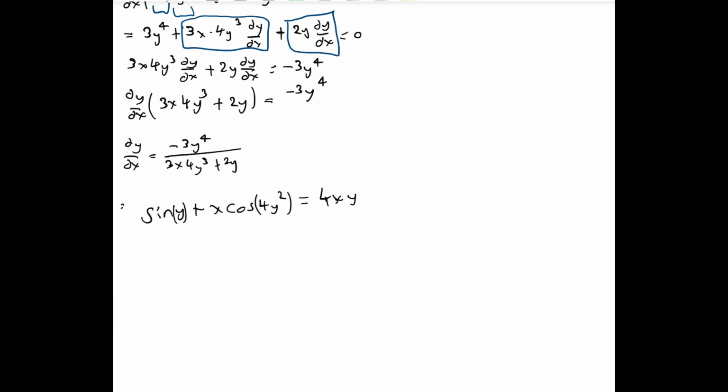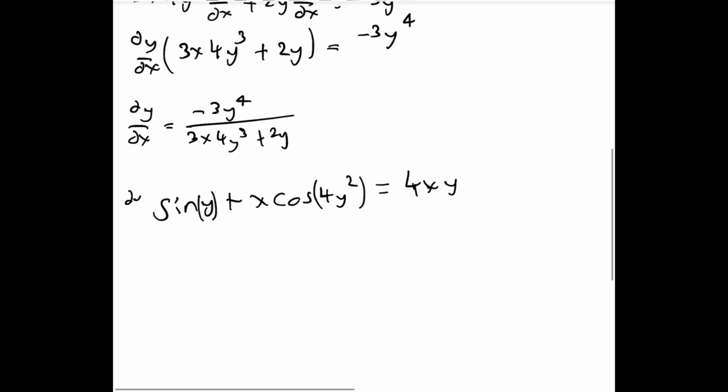And I'm trying to find dy/dx again. Okay, let's do this. The derivative of sine is cosine, so it will be cosine of y. And again, because it's the y variable and we're differentiating with respect to the x variable, we multiply by dy/dx.